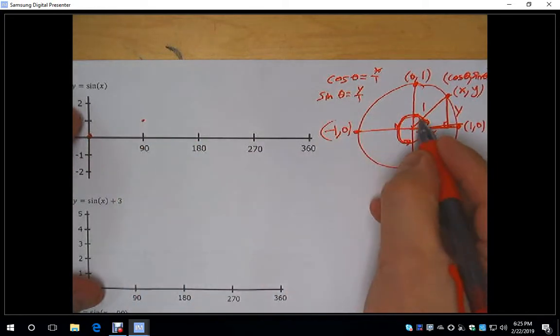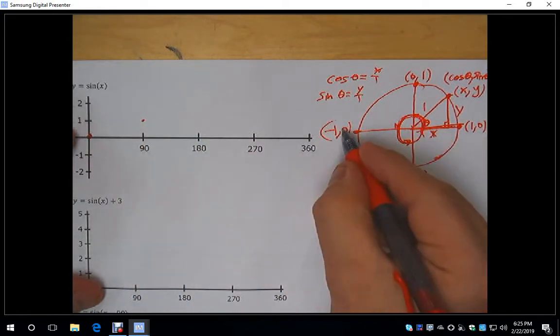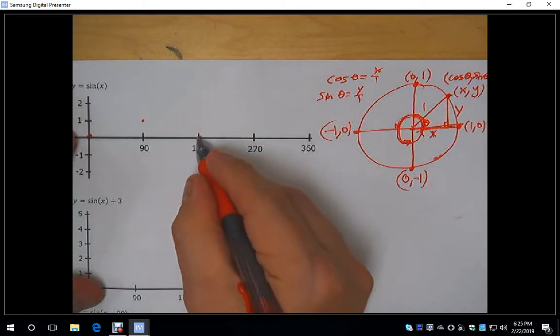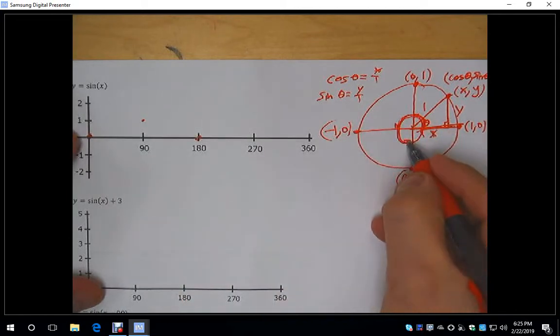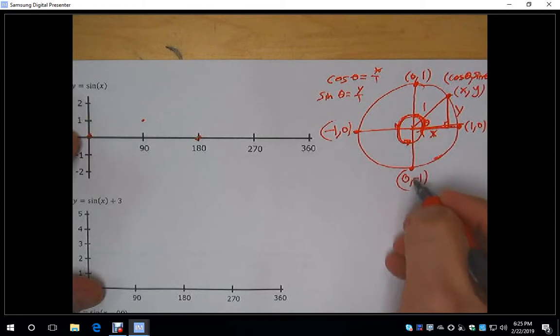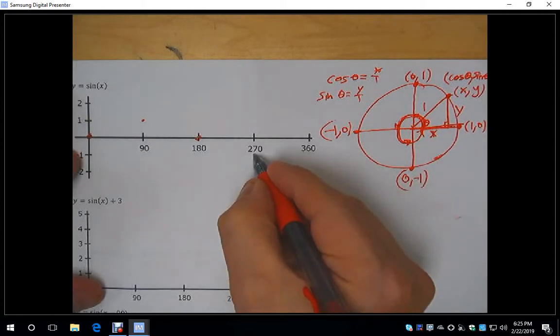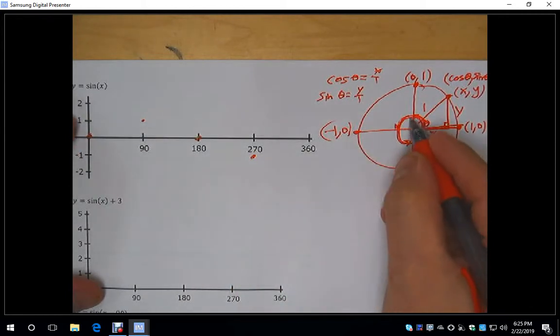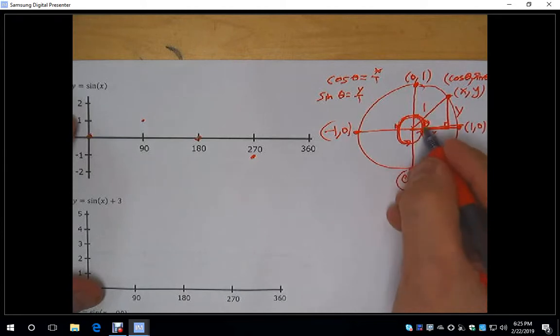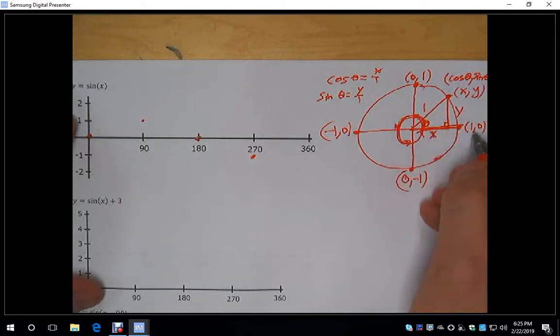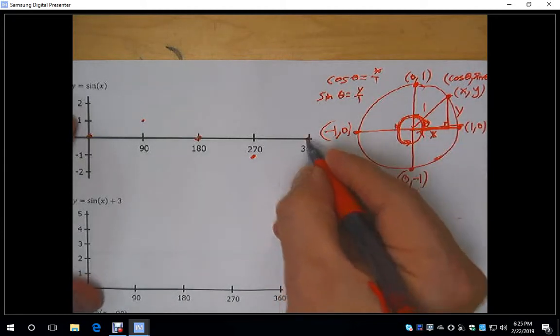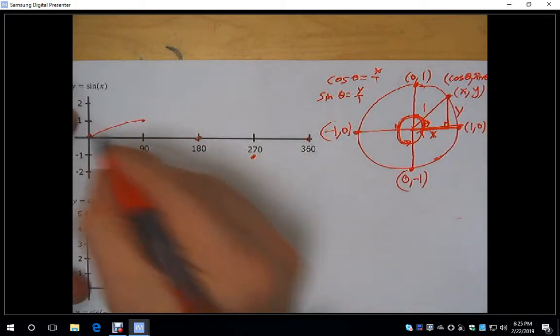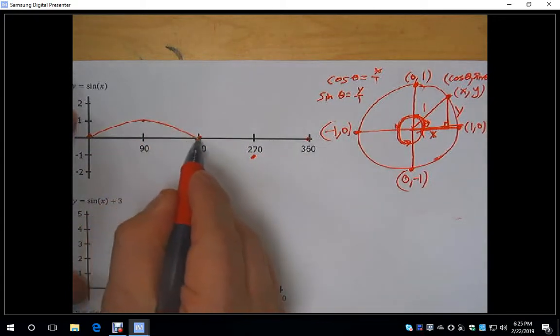Sine of 180 degrees, our y value is 0. Sine of 270 degrees, our y value is negative 1. And sine of 360 degrees, our y value is 0. So we end up with a graph that looks something like this.